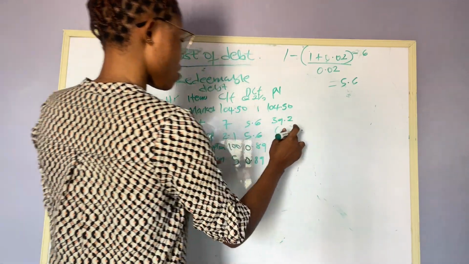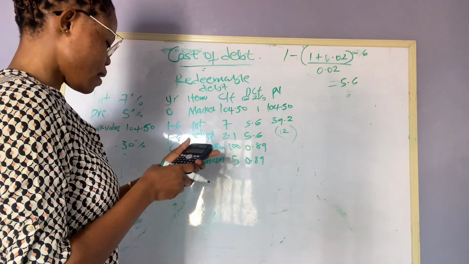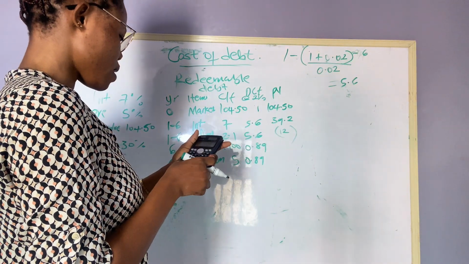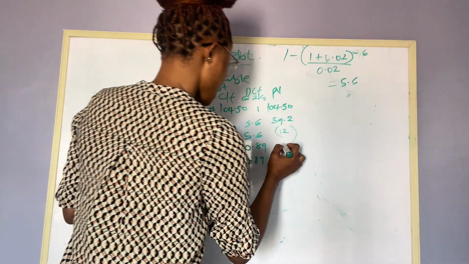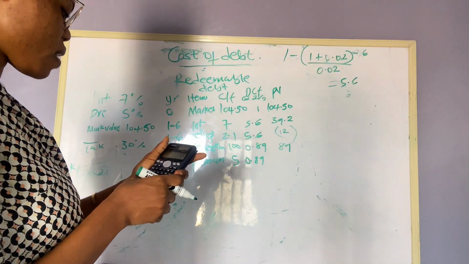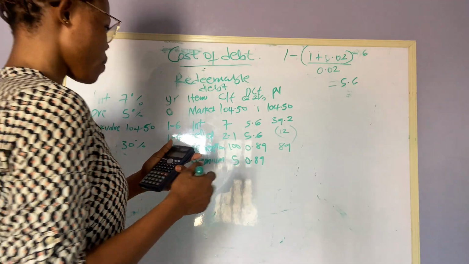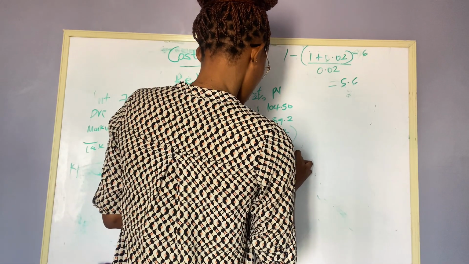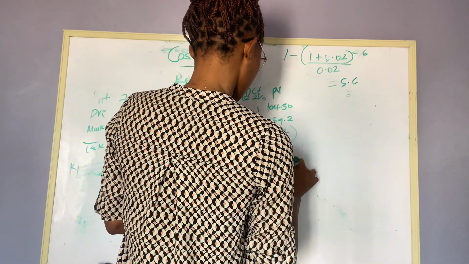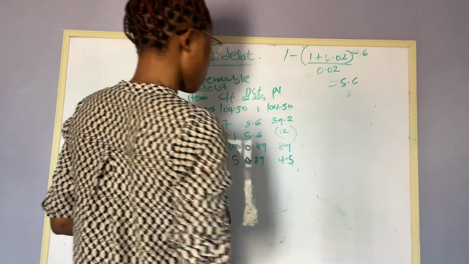So we are going to deduct it. Remember, it's tax relief, so we are going to deduct that. Then 100 times 0.890, we have 89. Then of course 5 times 0.89, we have 4.4, or let's say 4.5 approximate.